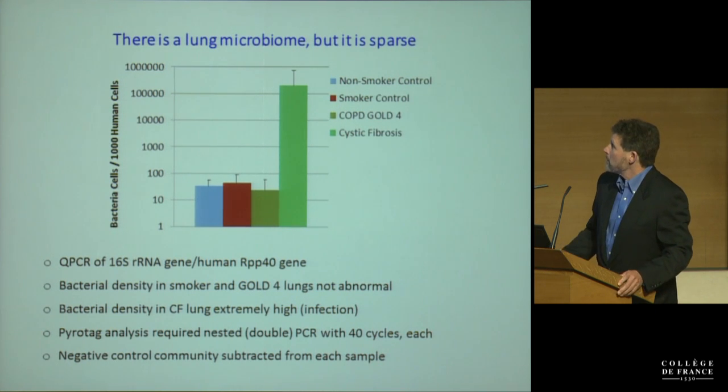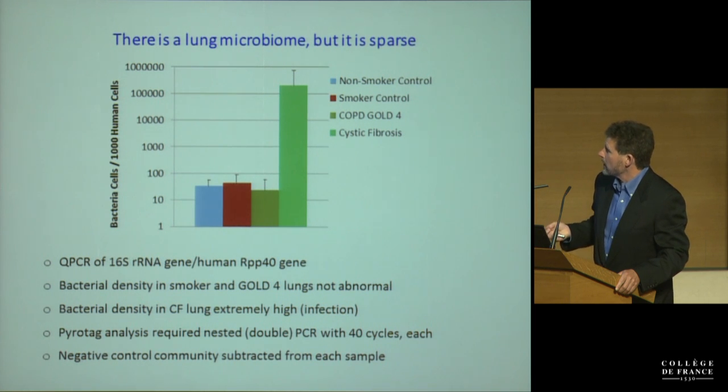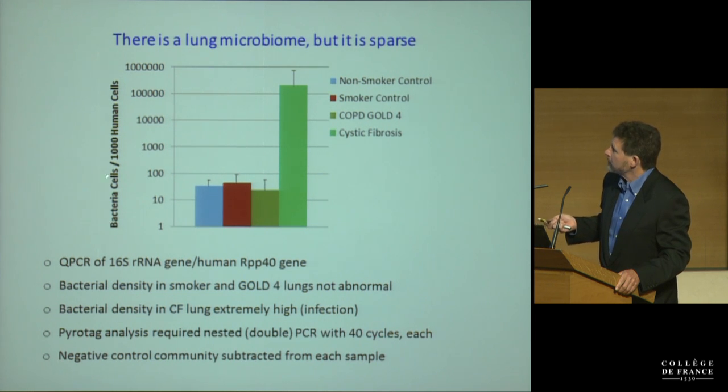The main finding was that there is, in fact, a lung microbiome, but that it's very sparse. We found this both by the pyrotag analysis and the qPCR analysis. For the qPCR, this was normalized by using a human gene. You can see the values we calculated in bacterial cells per 1,000 human cells.